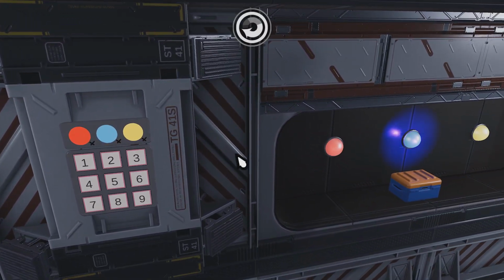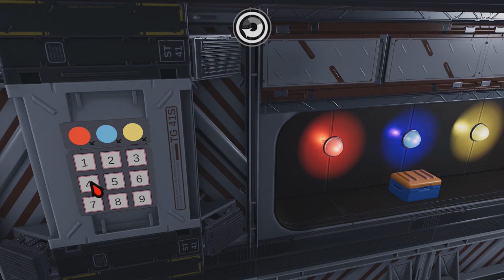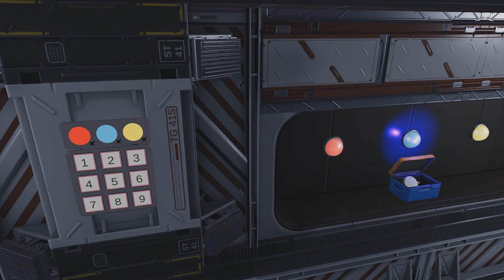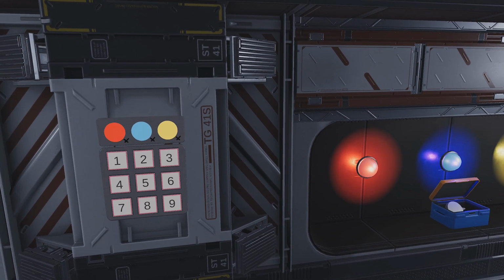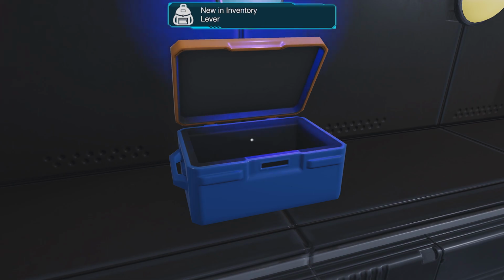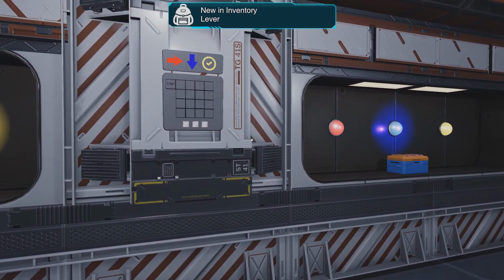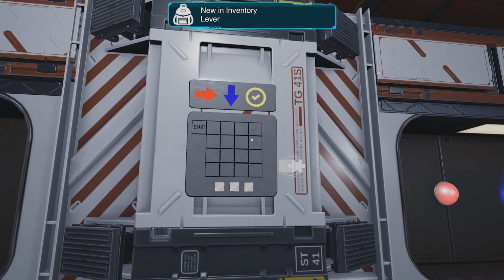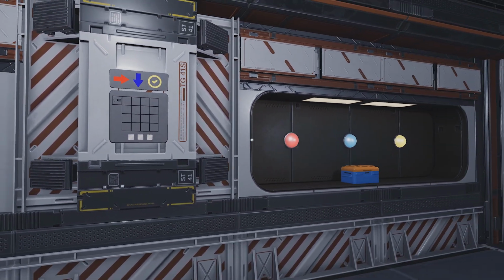Okay, so that would make it 4, 5, 2. Oh, we got another lever. That's a switch, it's not a lever. All right, start.